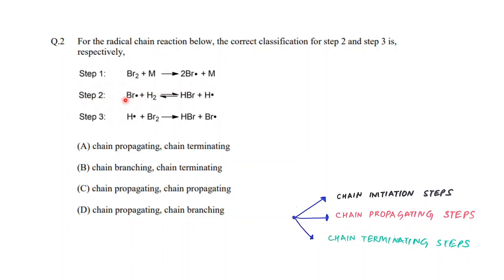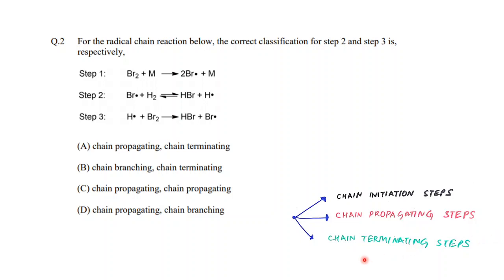Whenever a free radical reacts with a stable molecule to produce another stable molecule along with a free radical, I repeat, that type of reaction is known as a chain propagating reaction. So this is a chain propagating step.